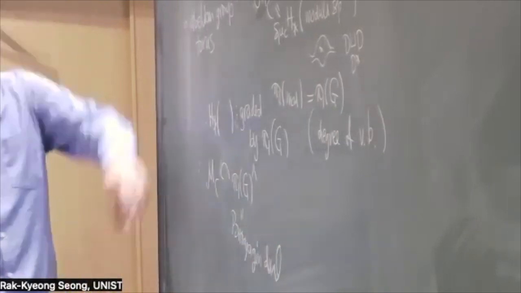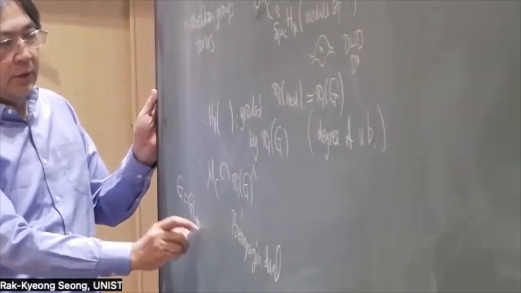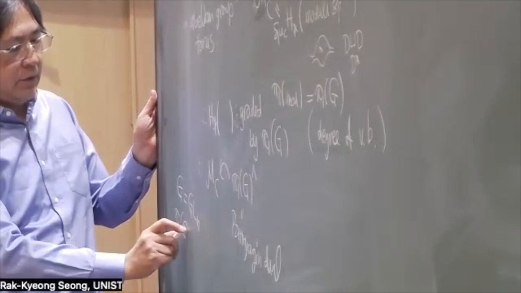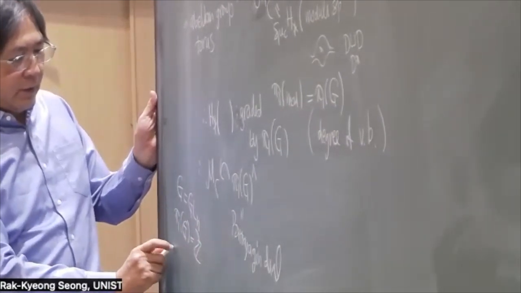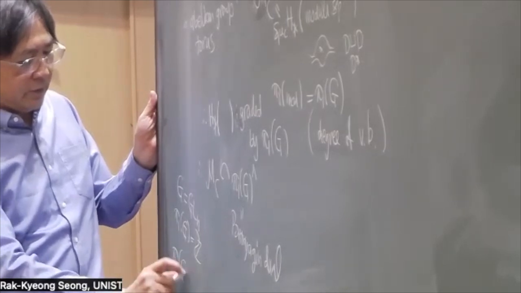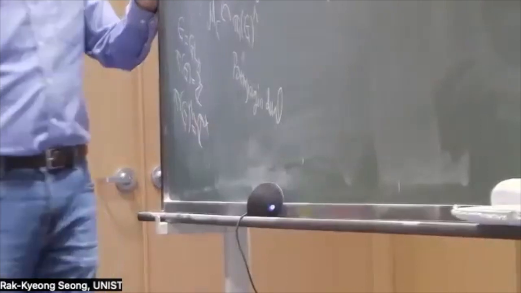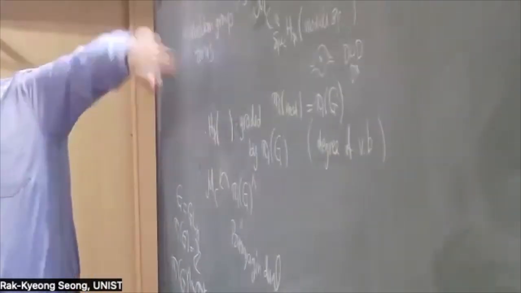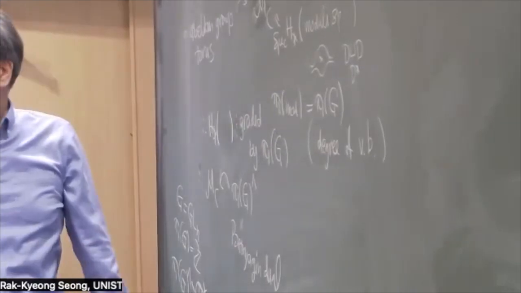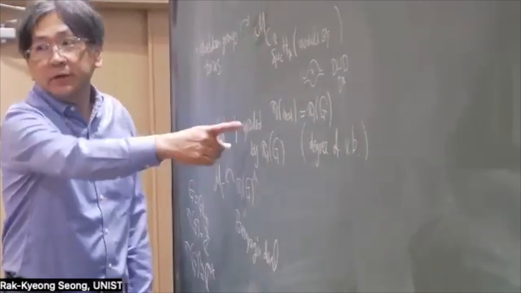For example, if G is GLN, then pi1 of G is Z, and its Pontryagin dual is C star. So if you have the C star action on the Coulomb branch, then its coordinate ring has a weight space decomposition, and the weights are integers, so this coordinate ring is graded by integers.